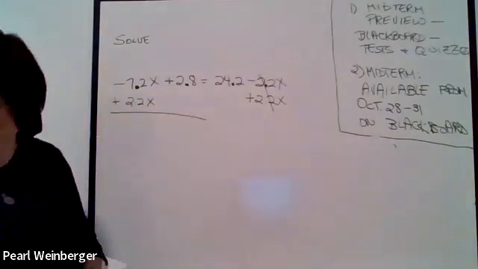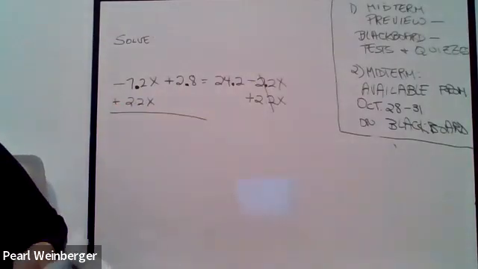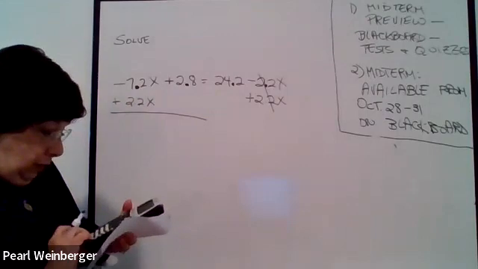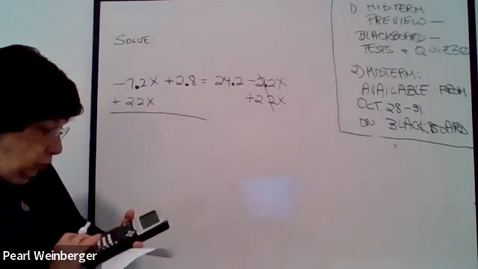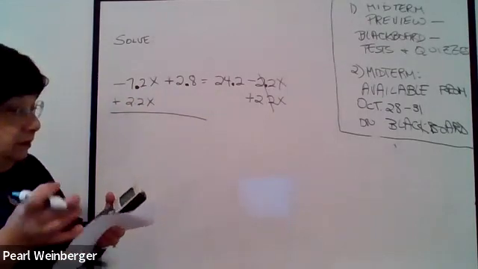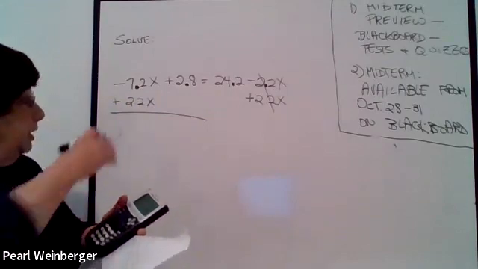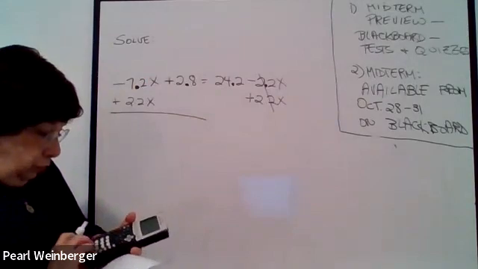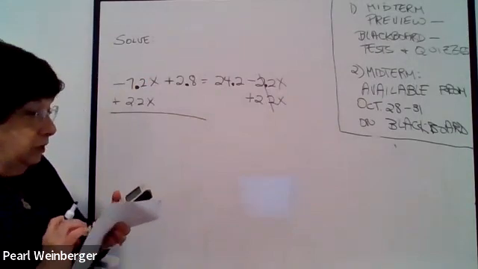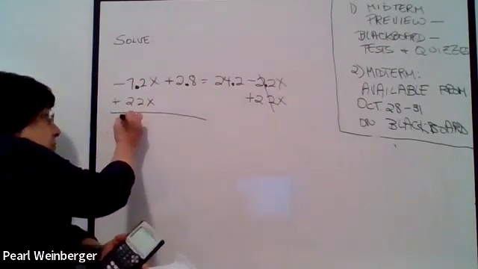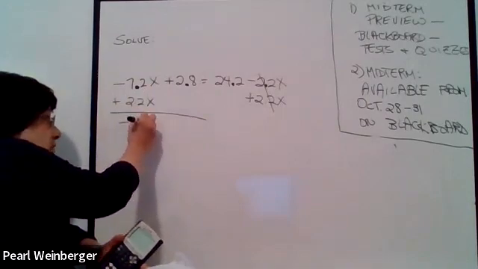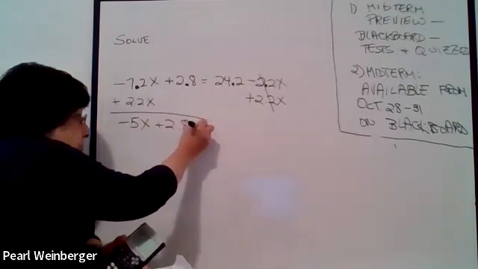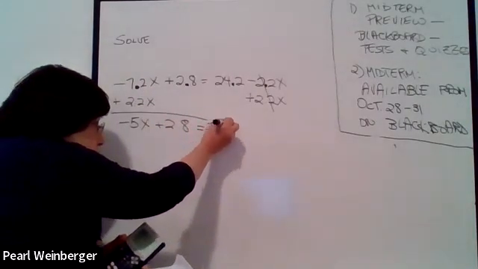Now, on my calculator, I'm putting negative 7.2, not putting in the x's because I just want to add the coefficients, plus 2.2, which gives me negative 5. So this is negative 5x plus 2.8 equals 24.2.